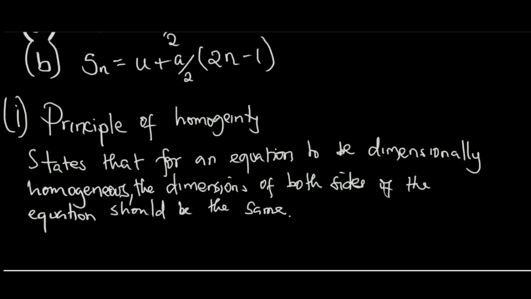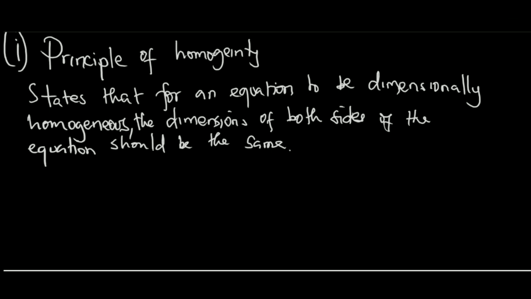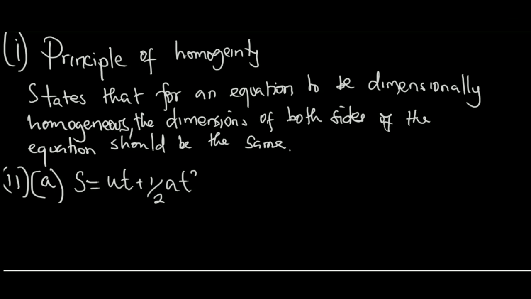We now progress to the second part. So the second part has two parts, which are A and B. Now part A is where we've been given an equation S equal to ut plus half at squared. So we want to test the homogeneity of this equation.